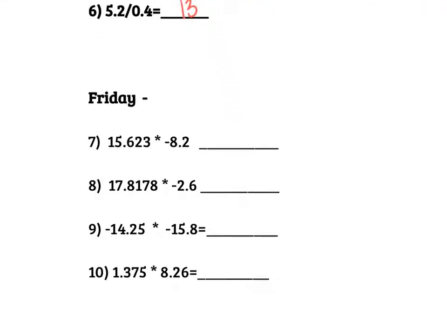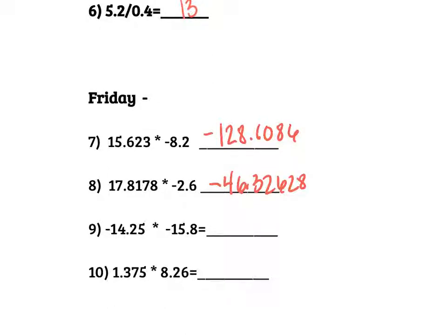And then 15.623 times 8.2, negative, 128.1086. I only got 128.10. It's wrong because I didn't say to drop it down. Then 17.8178 times 2.6, negative, 46.32628.